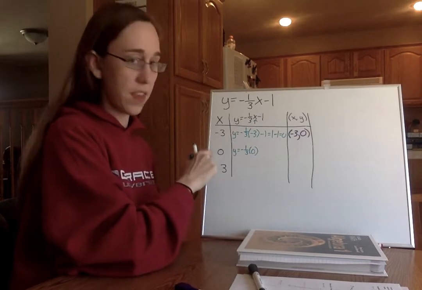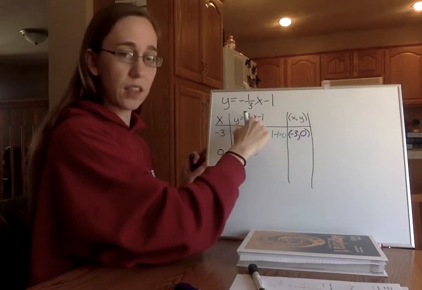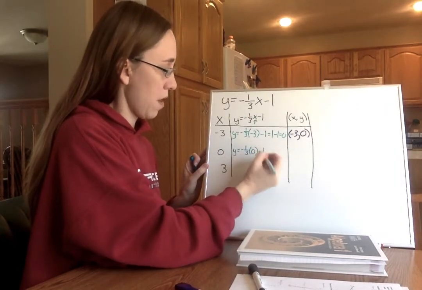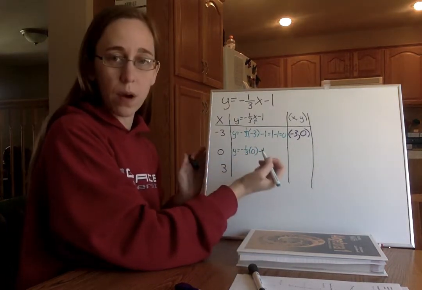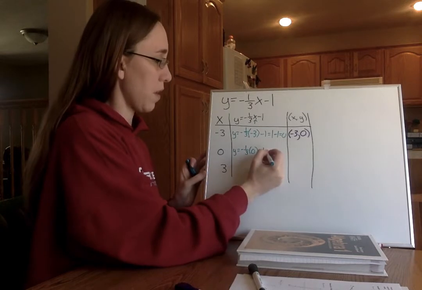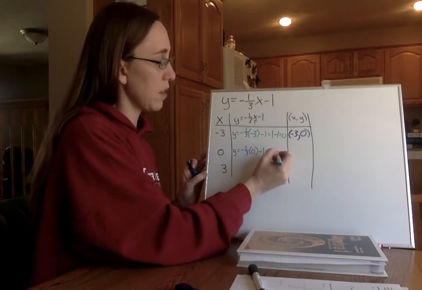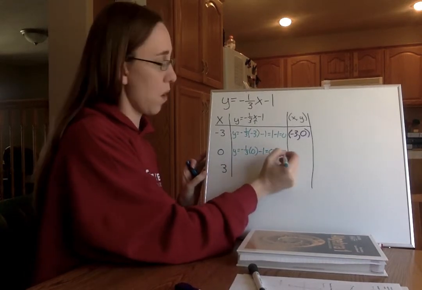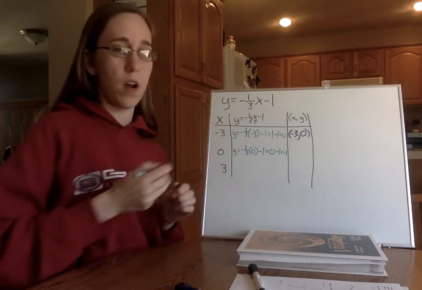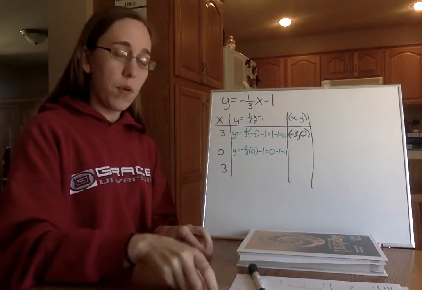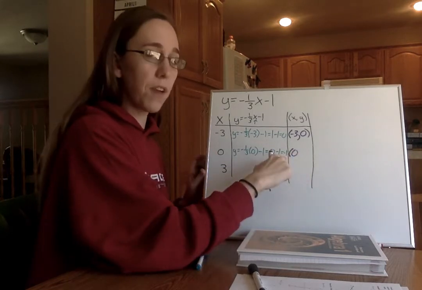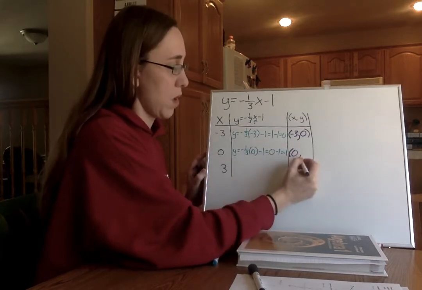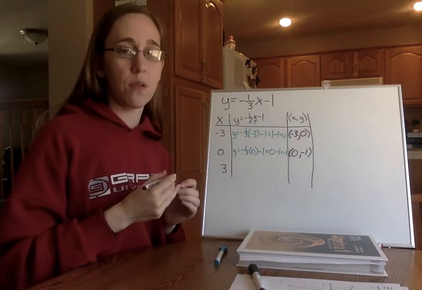Remember, we're plugging this number into the x in our equation, and then writing the rest of the equation down. So -1/3 times 0, anything times 0 is 0, so that's just 0. And we still have our minus 1. 0 minus 1 is -1. Remember, the x we used was 0, and the y we found was -1. So our point is 0, -1.